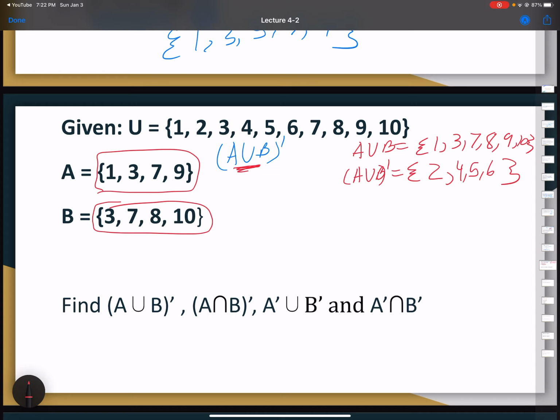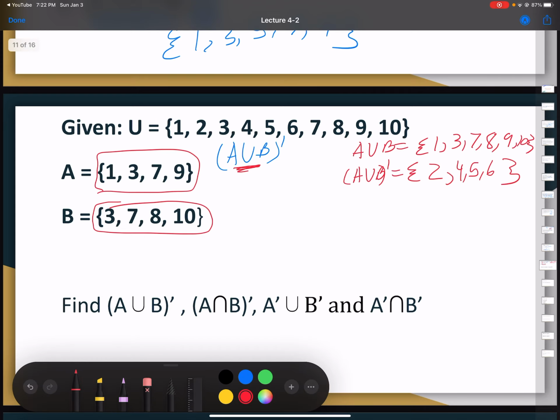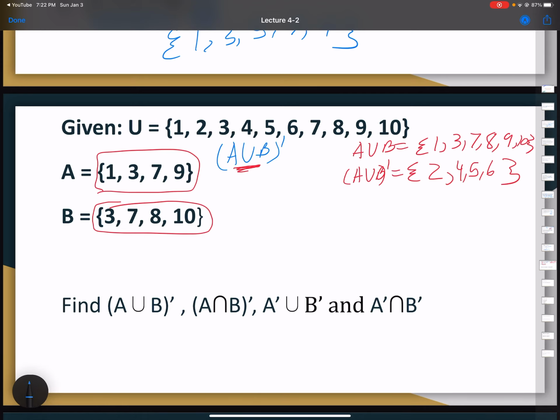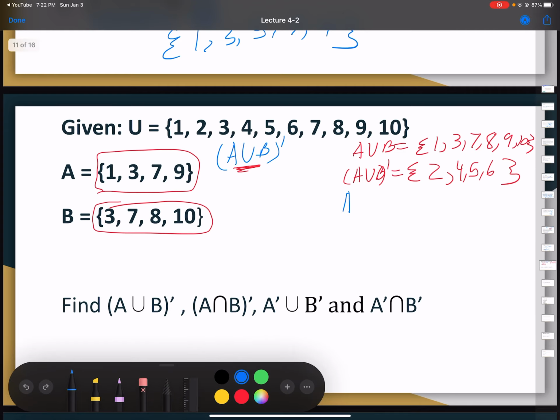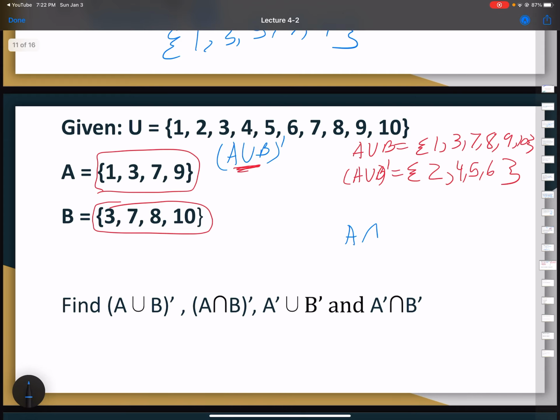Now, similarly, if we want, let's do this problem in a different color. A intersect B complement. The first thing we need is A intersect B. We'll do what's in parentheses first.